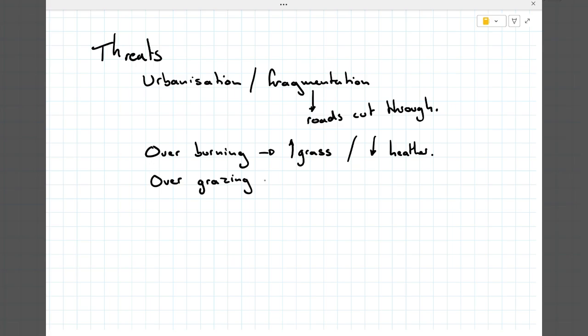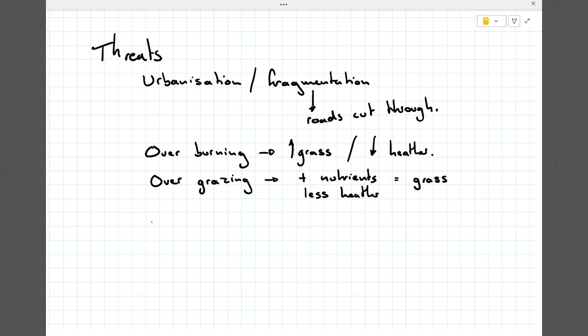So we get additional nutrients from the manure from the animals, which causes grass to become more common at the expense of the heather, and the heather gets overgrazed, killing it off because it's preferentially grazed and trampled, and it can't cope with too much grazing pressure.